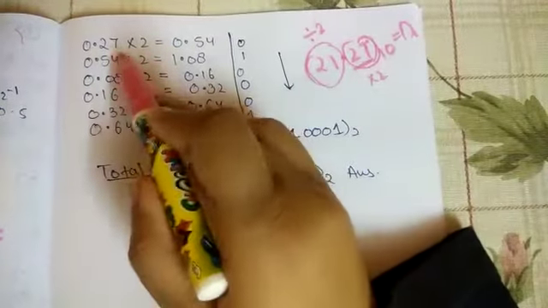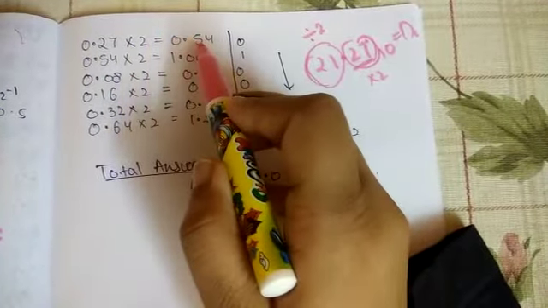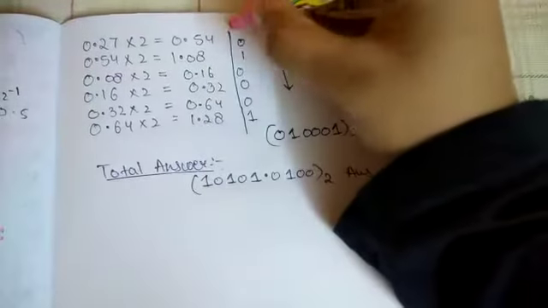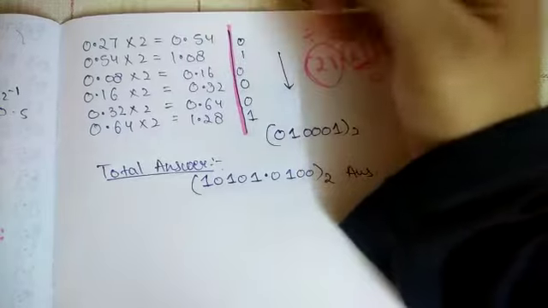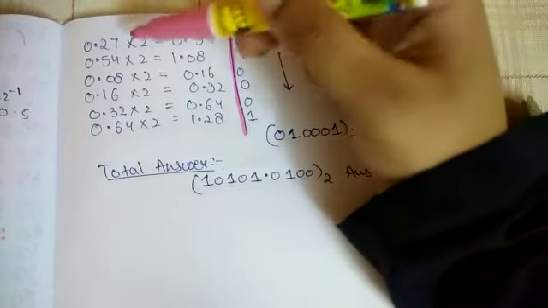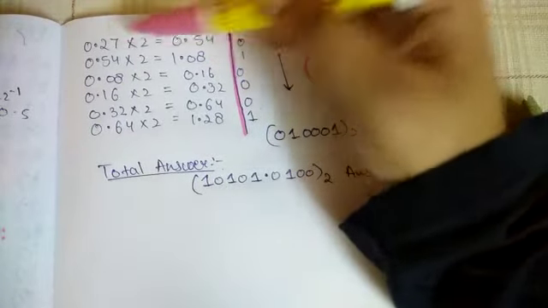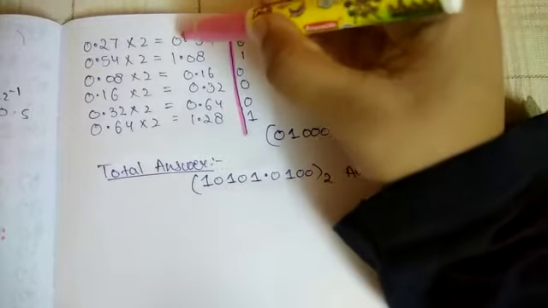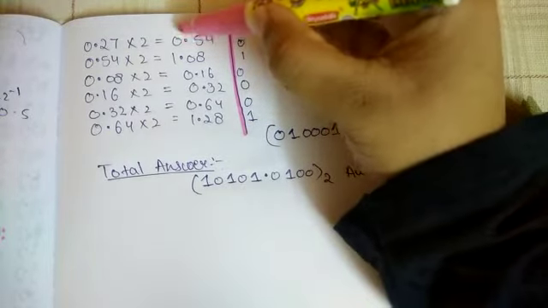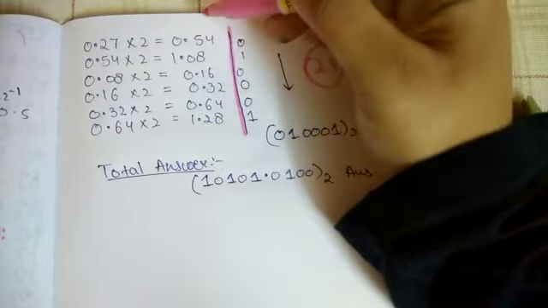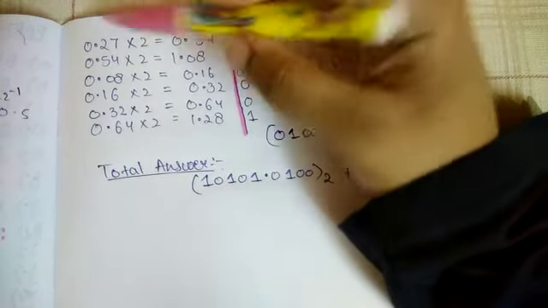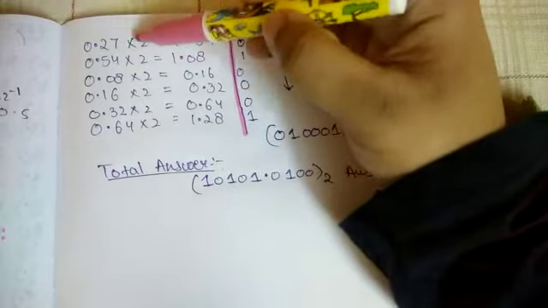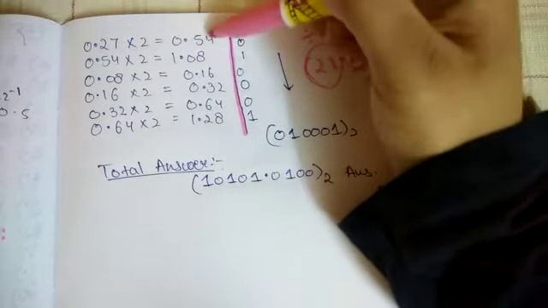So 0.27 multiplied by 2 will be 0.54. Now I have given a separation over here. What this separation shows is that 2 multiplied by 0.27 is 0.54. Whatever the digit before the decimal is, we have to put that value over here, right? So after multiplying 0.27 with 2, what we get is 0.54.